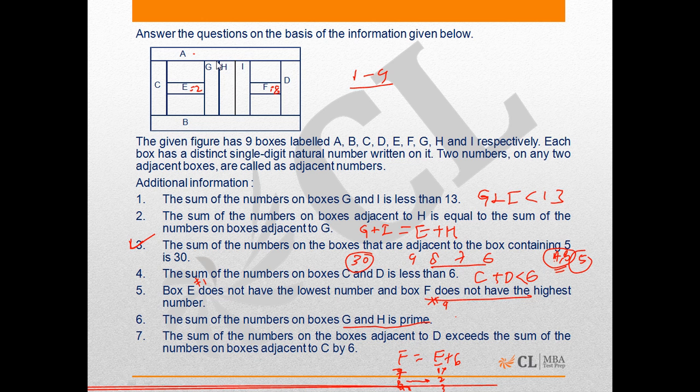The boxes adjacent to A are C, D, G, I and H. The sum of C and D is less than 6, and the sum of G and I is less than 13, and we know that the number in any box cannot exceed 9, which means the sum of the numbers in the boxes adjacent to A cannot be 30. The same will be the case with box B, which means 5 cannot be placed in box B as well.